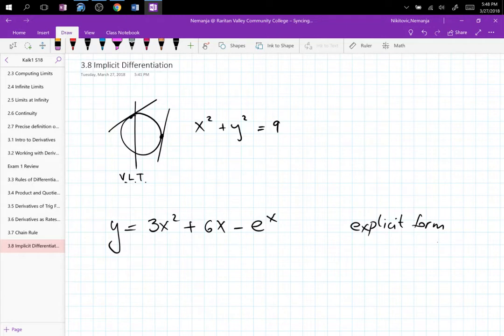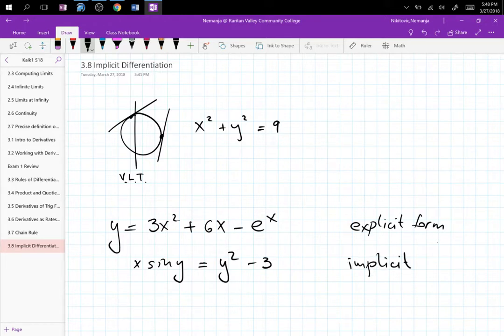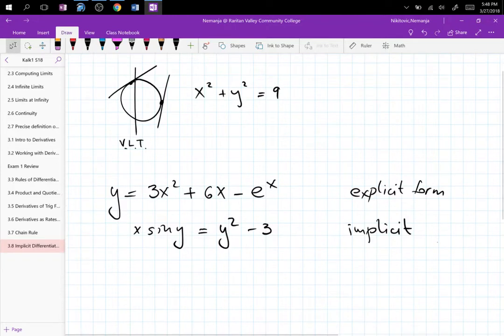But I can come up with another one. Say I have x sine y is equal to y squared minus 3. Now this would be implicit, once we move everything to, let's say, the right-hand side equal to 0.